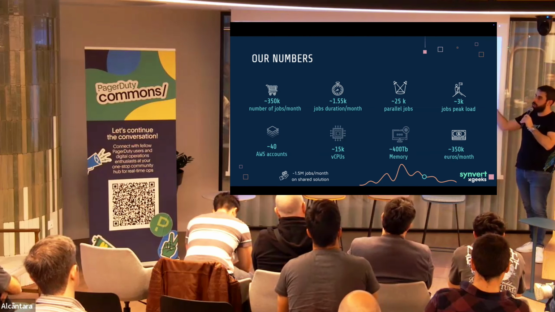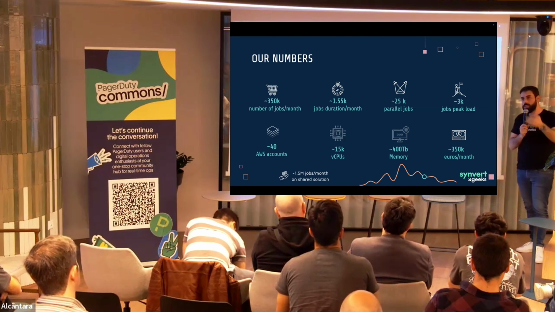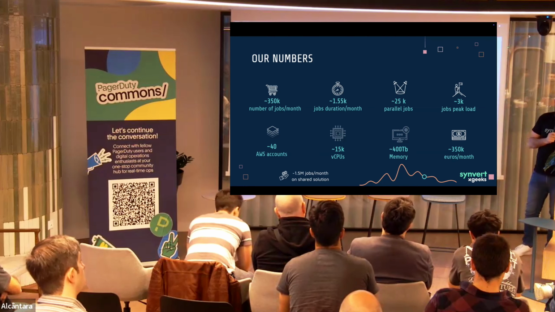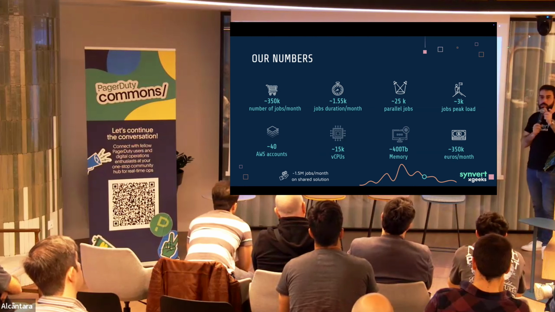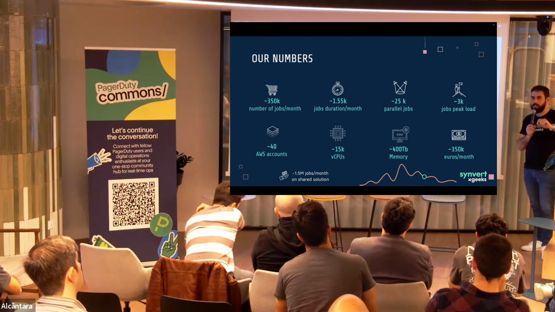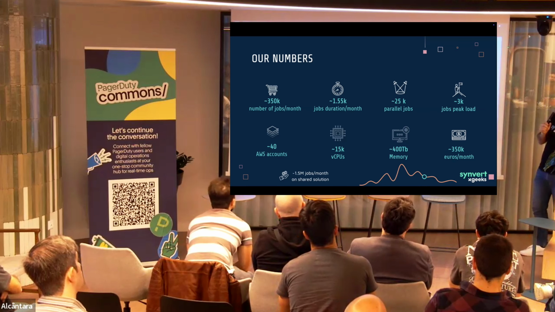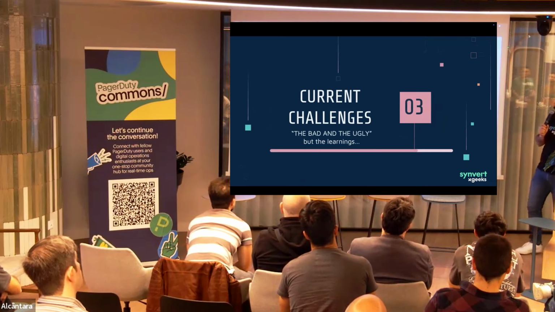So this is not the entire cake, let me say it this way, this is just a small fraction. I think nowadays our market share is around 30% in terms of fleeting runners.